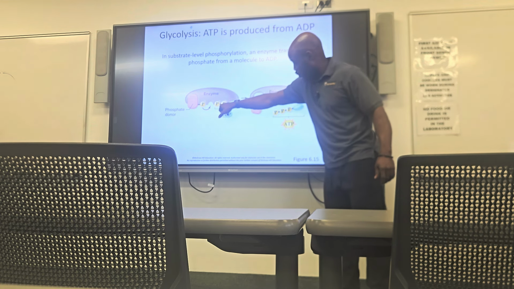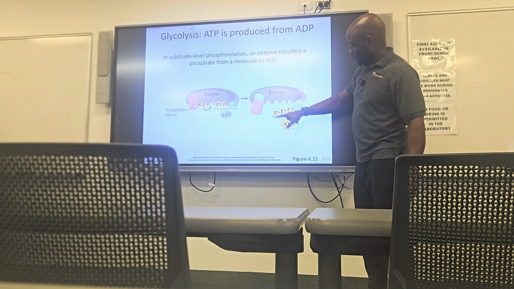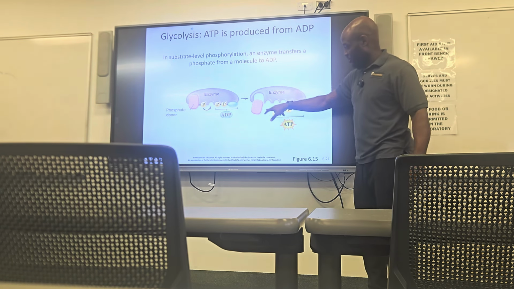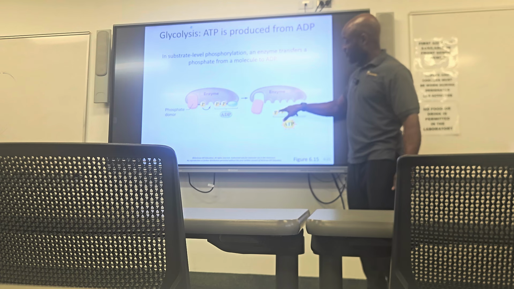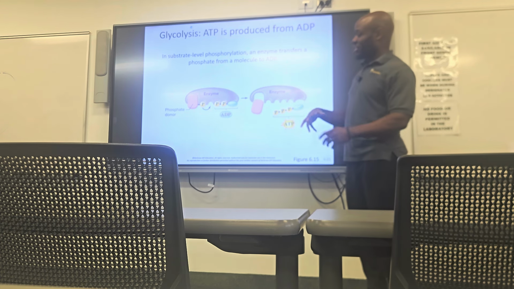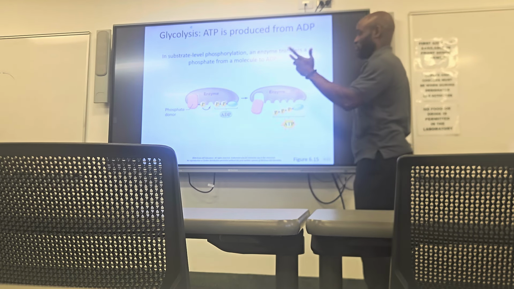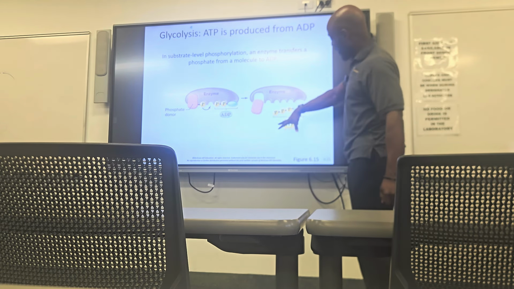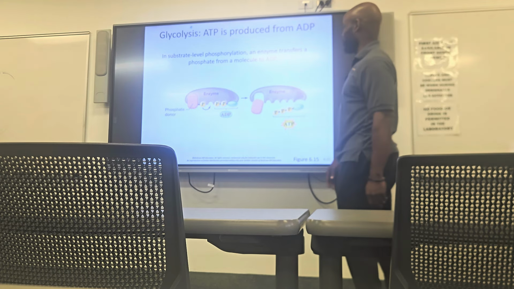ADP has two phosphate groups. When we add the energy to it from the reaction, we can add another phosphate group. This last connection has a lot of energy in this bond. That energy can then be used to power other reactions that the cell needs in the future. So we're creating, like I said, the energy that the cell can use.